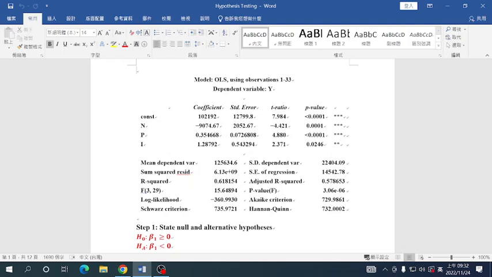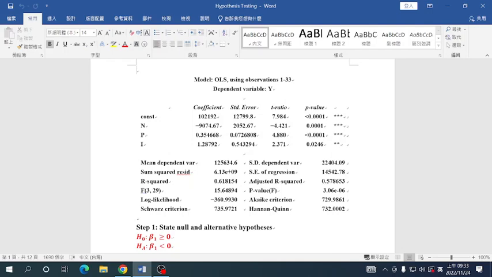Just the 2. I don't have beta 1 anymore because I want to check P and I together. So beta 2 equals 0 and beta 3 equals 0. Then the alternative is at least one is not zero. Now I don't have beta 1 anymore.